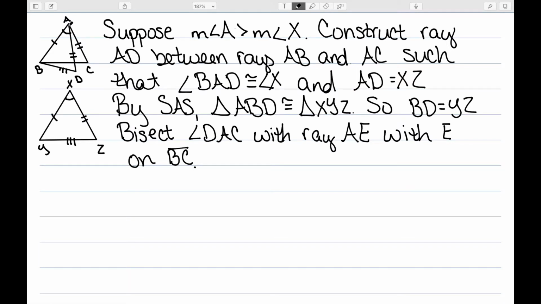I'm then going to bisect this angle DAC here with this ray AE, where E is on the segment BC.